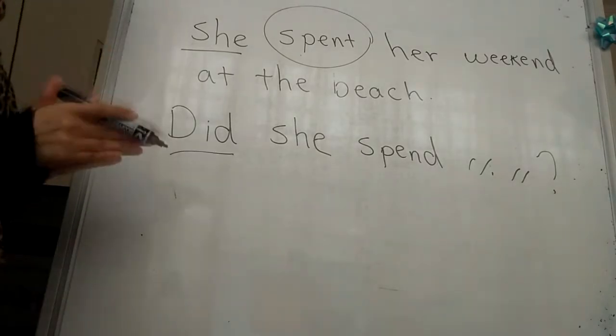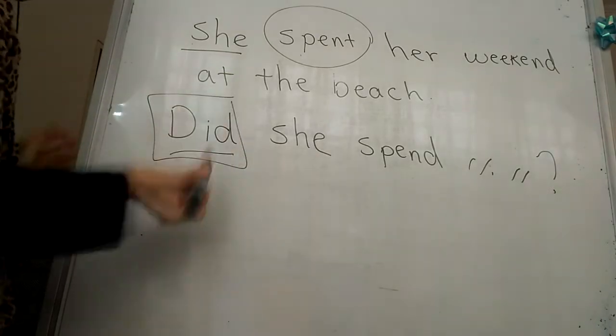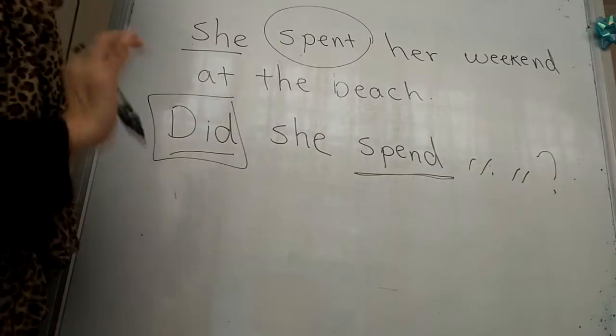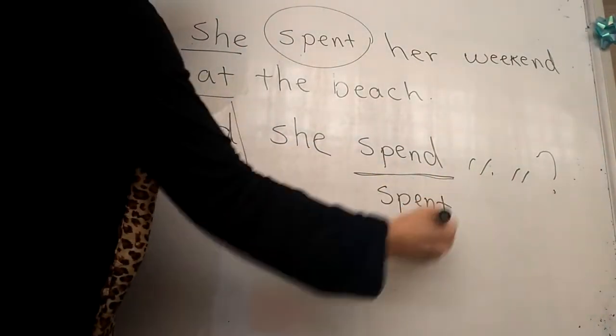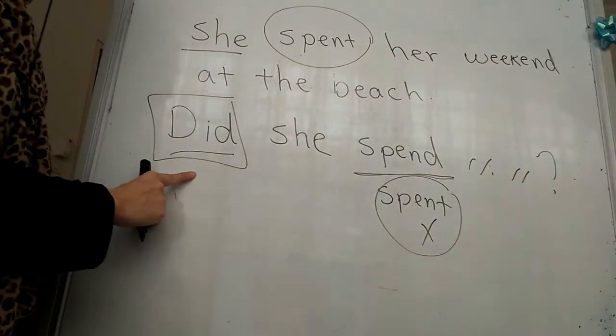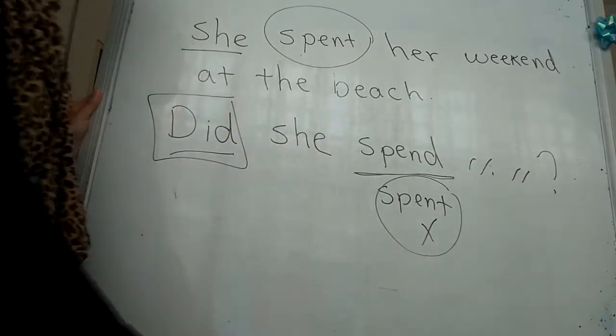Why do we need to change the verb? We need to change the verb because of did. Here we have did, so the verb should be base form. We can't say, did she spent? This is wrong. Why? Because of did. So if you have did in the question, the verb should be base form.